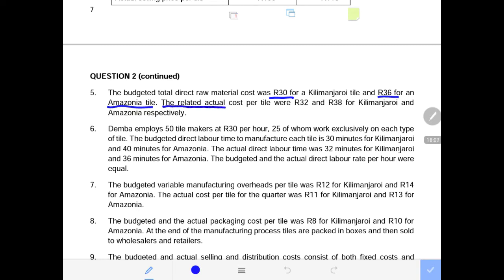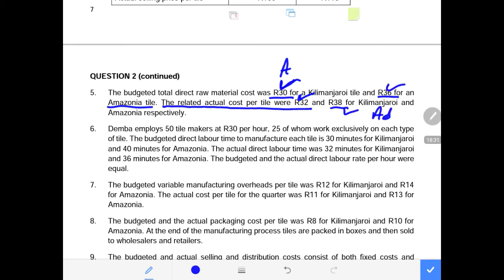The actual data was 32 Rand per unit and 38 Rand. Now when we look at the material price, we estimated to buy at 30 Rand, but we're buying at 32. This will be an adverse, unfavorable variance. This one we estimated to buy at 36 and we bought at 38. This will also be an adverse variance.